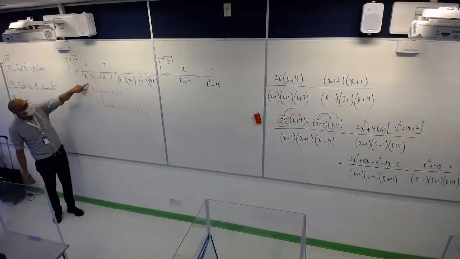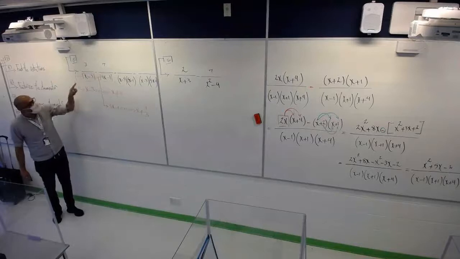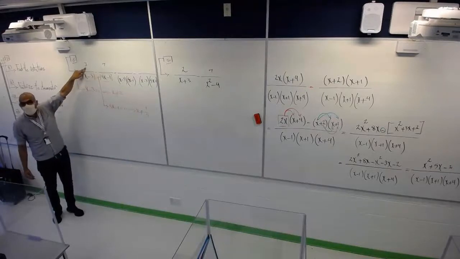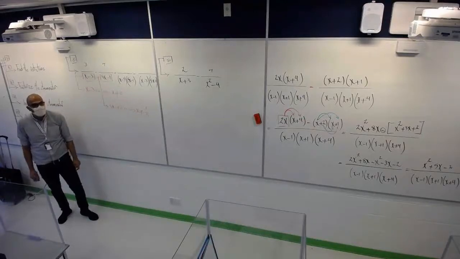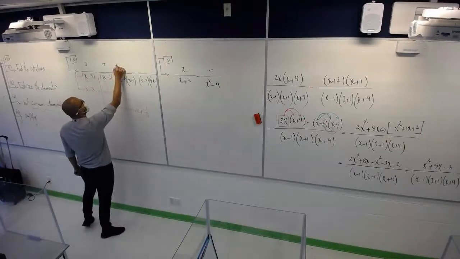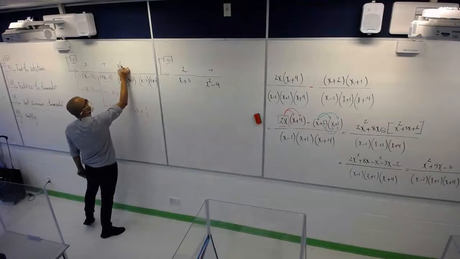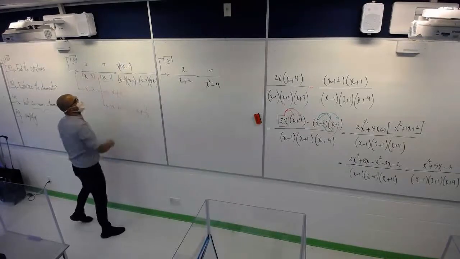Then you say, okay, let's do the social justice and multiply also the numerator by the same thing that was multiplied to the denominator, which becomes 3 times 5x minus 1.